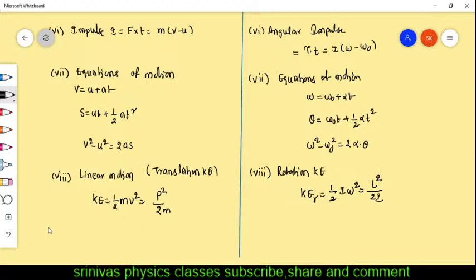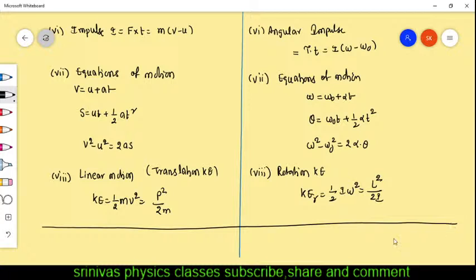I will give some idea that can be used to convert the terms from linear to rotational motion. You see here how the terms will change. In the left side linear motion, you know all formulas. Displacement becomes angular displacement. ds becomes d theta. Initial velocity u becomes initial angular velocity omega.